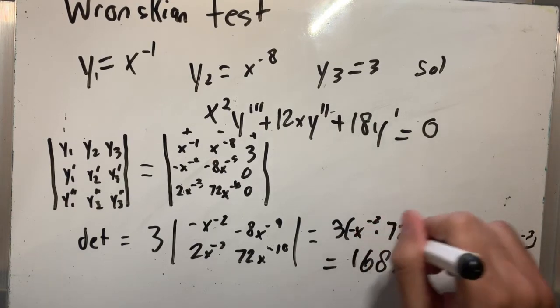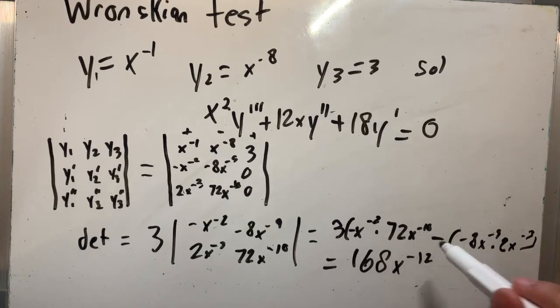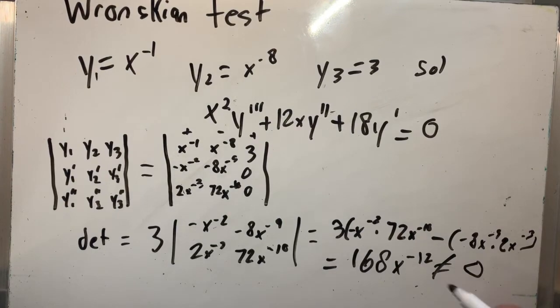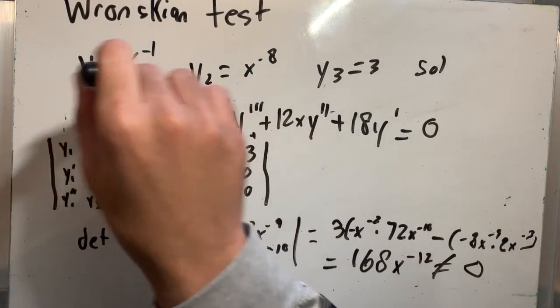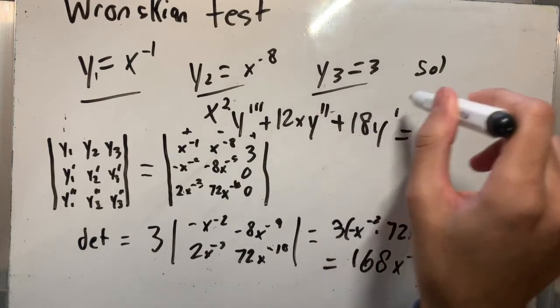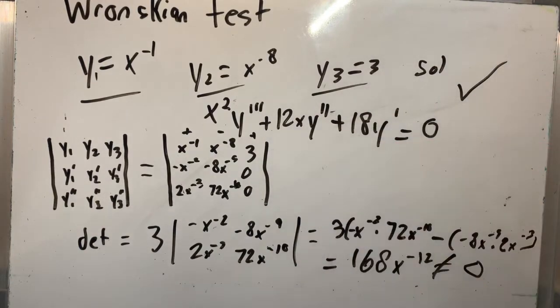If you were to bring these two together, you get 72x^-10, and if you do this side, I assume you get something too. I'm not going to do it right now. This is obviously not equal to 0, and because it's not equal to 0, we know that these three are a fundamental set of this differential equation. That's the Wronskian test.